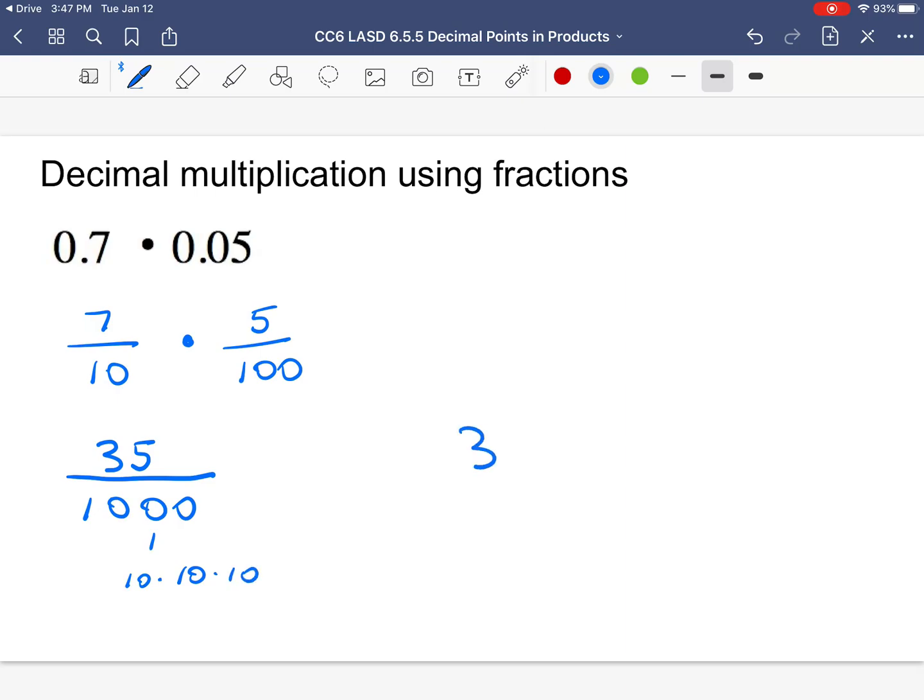So we're going to take our decimal place and move it to the left 3 times. Divide by 10. Divide by 10 again, that's 100th. We've got to move it one more place. We've got to put a 0 here. Our decimal point will go here. 0.035 is the answer, having used fractions to help us decide where to put the decimal point.